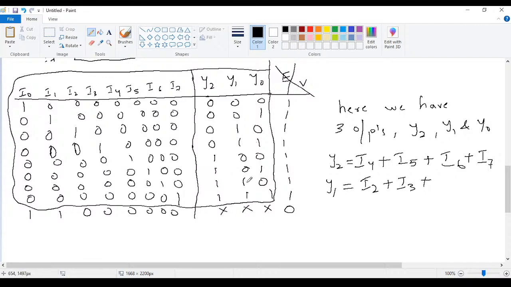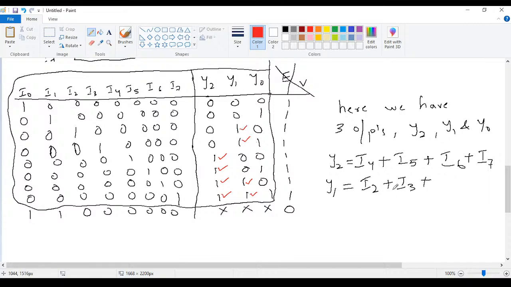Okay, and here we can see when I6 equal to 1. Let me take some color. So we are selecting, we are writing only for the ones. So whenever we see I2 is 1, we directly get y1 equal to 1.